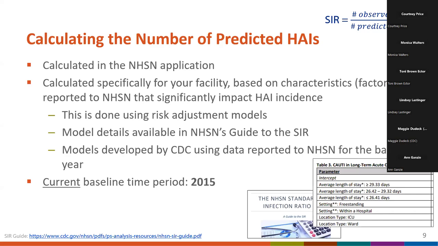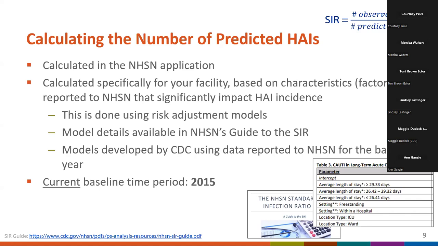So these risk adjustment models are created by the CDC team, and they are created based on all of the HAI data that are reported into NHSN for a given year that we identify as that baseline year.